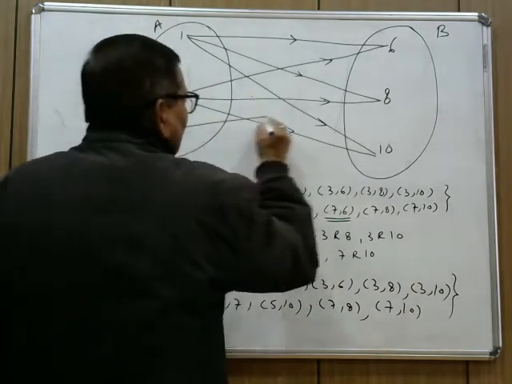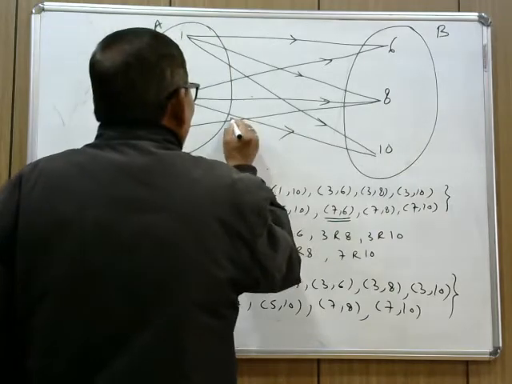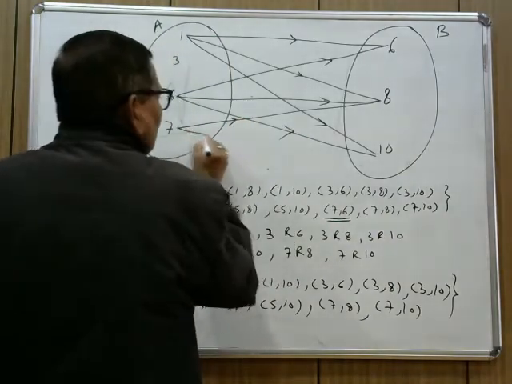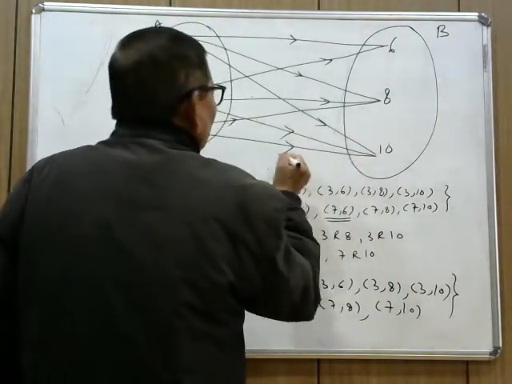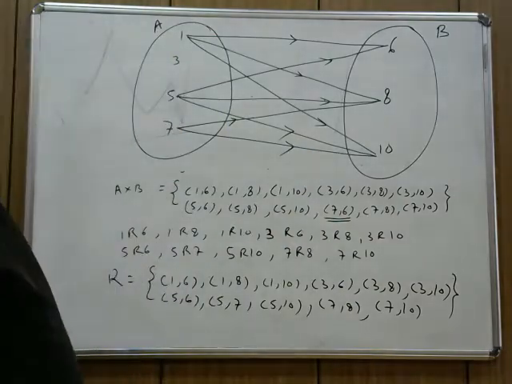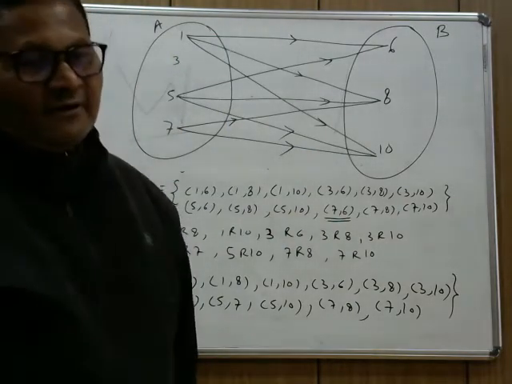So 7 is related to 8, you put an arrow here. 7 is related to 10, put an arrow here. So now this is the pictorial diagram for this relation. You have shown it here for this question.